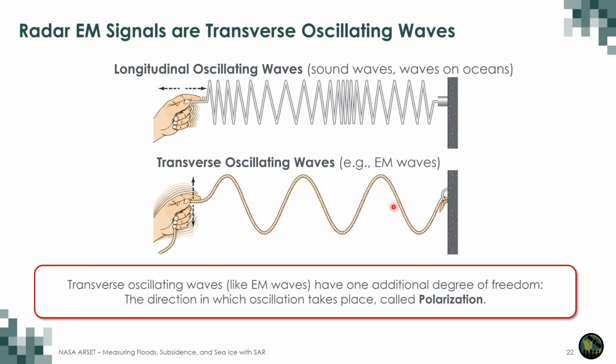And it turns out that signals with different oscillation planes interact with the surface differently and give us independent information about the surface. The plane of oscillation we call then polarization. So a signal that travels in a plane that oscillates vertically, so up and down, we call vertically polarized, and signals that travel in a plane that oscillates horizontally, we call horizontally polarized.